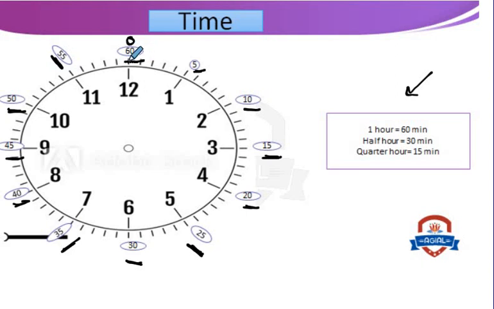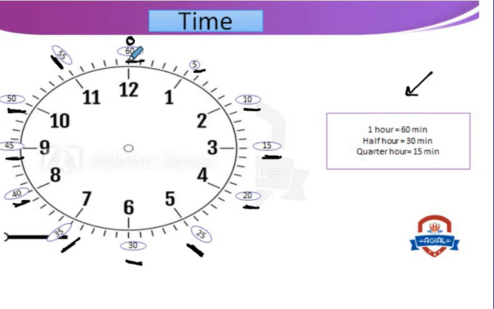And 12 meaning 60 minutes. So 1 hour equal 60 minutes. This easy? Okay. And between each two numbers, we have 5 minutes.